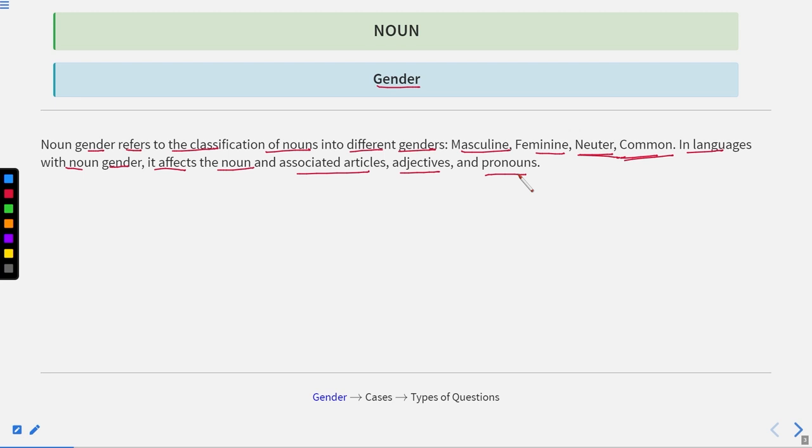So we can say that the gender case affects the usage of pronouns and various adjectives with it. Now, how do adjectives relate to the gender case of noun? For example, you must have heard this many times in your life that for a girl, we say she's a beautiful girl. But for a boy, you can say handsome, but you cannot say beautiful.